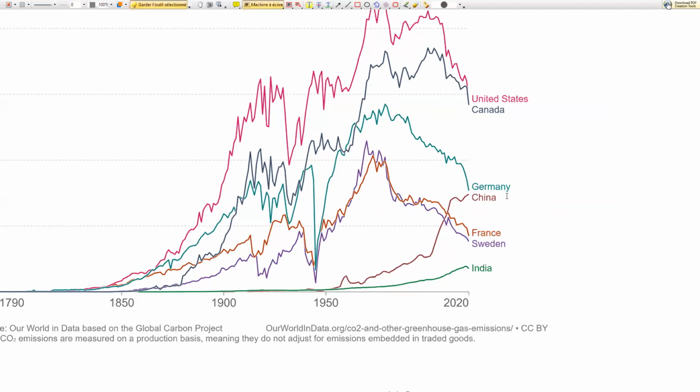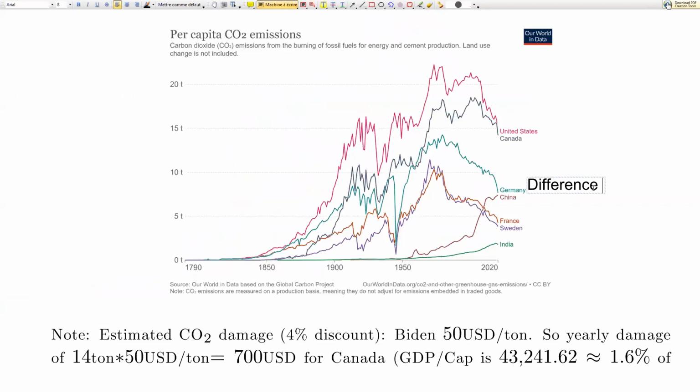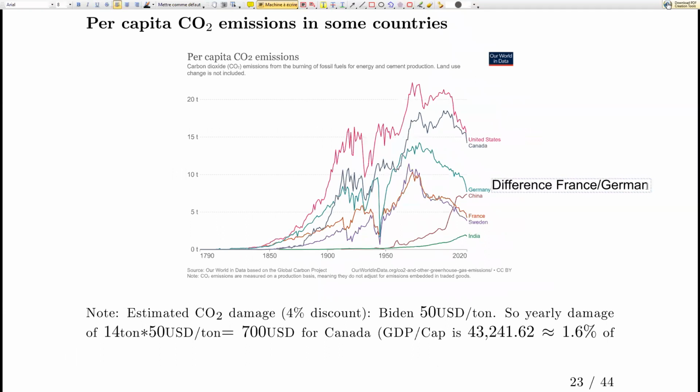So yeah. It's a bit smaller. So France uses a lot of nuclear.